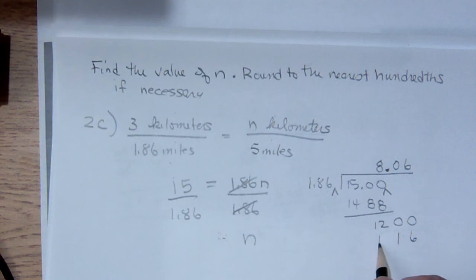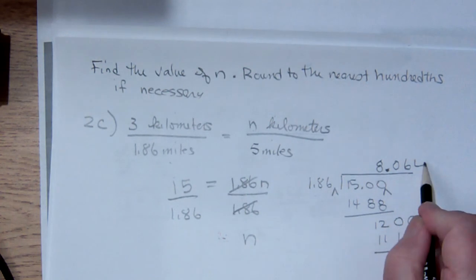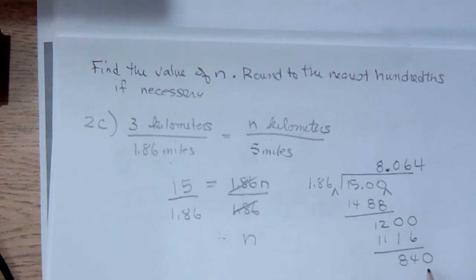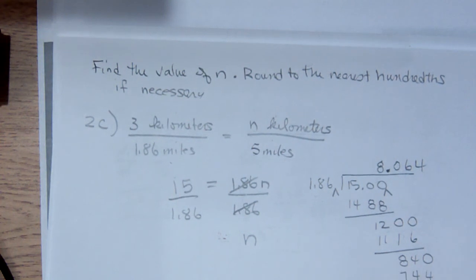Carry the 5 is 11. So that works, and now what I will do is subtract, and I will have 84. I'll bring down the 0, and this is going to go in there 4 times, and 4 times that is going to be 24. Put down the 4, carry the 2, that's going to be 4, and I'll carry the 3, and we get that.